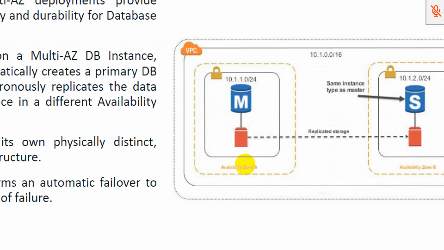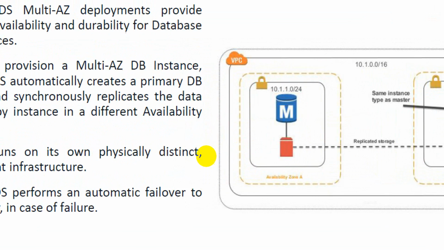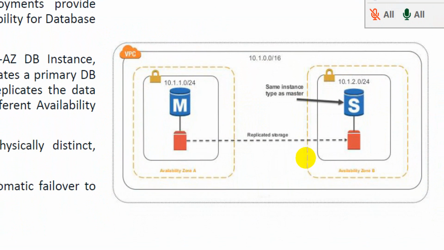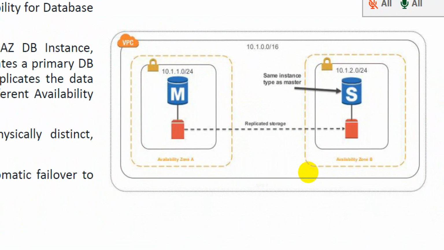Here you can see we have availability zone A, and here availability zone B. In SQL Server or Oracle RAC One Node, you have a concept kind of like this: your database in availability zone A would be your primary database, and the database in availability zone B is going to be a synchronous replicated database, often called a standby or DR database.